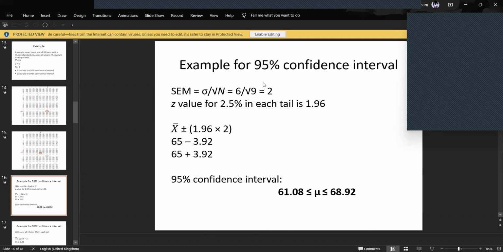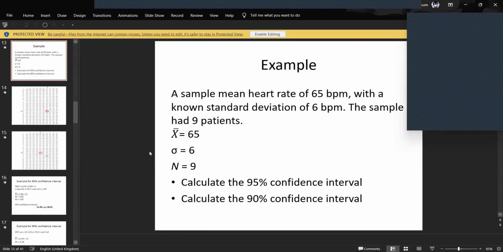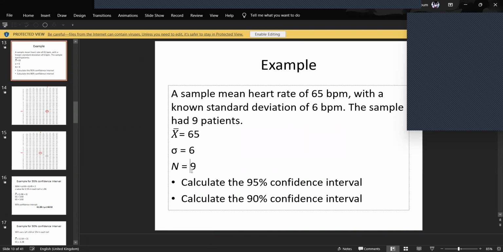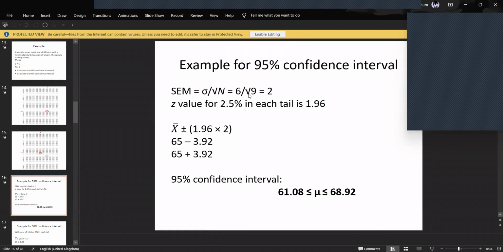So for the example of the 95% confidence interval, we have our standard error of the mean, which is the standard deviation divided by the square root of the sample size. Just to remind you guys, standard deviation is 6. Sample size is 9. We apply the equation, 6 divided by the square root of 9. The square root of 9 is 3. 6 divided by 3 is 2.